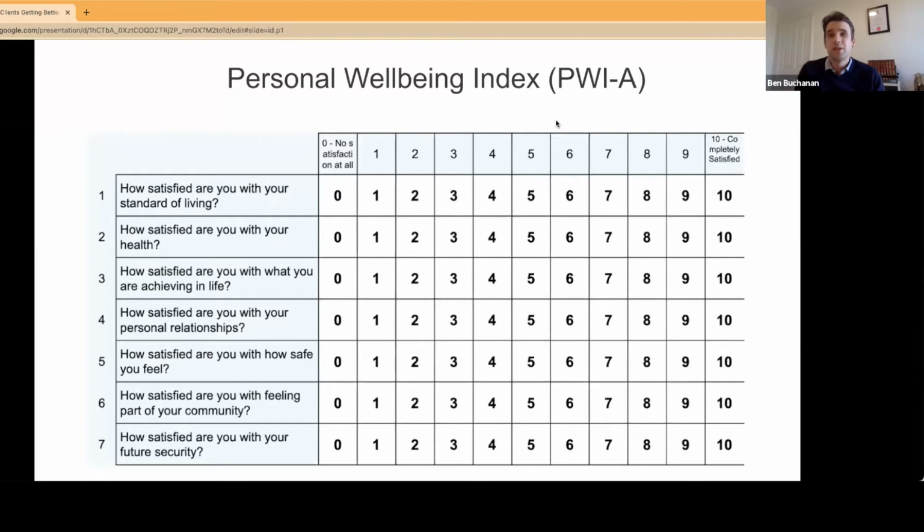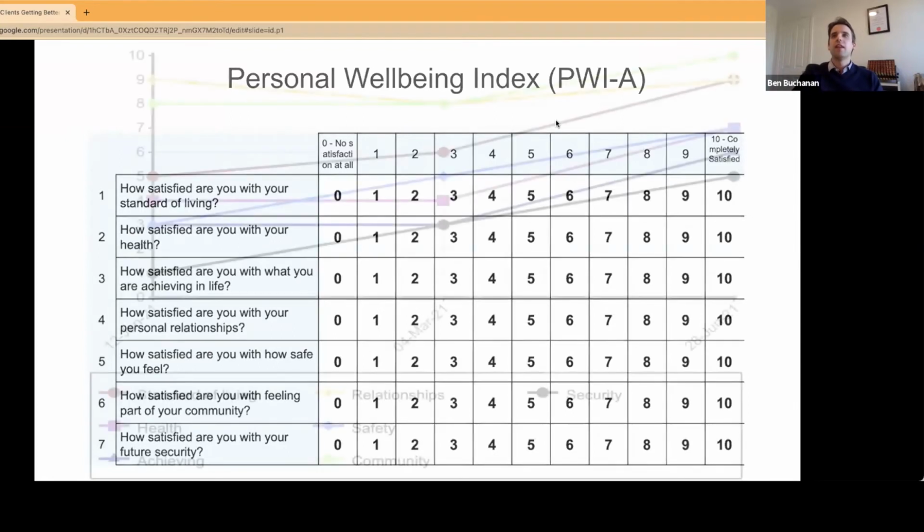This measure was created by the World Health Organization and is used cross-culturally around the world. But I find it pretty useful for some of my clients as well to get a bit of a sense about how they feel their life actually is. And then finally, next slide.